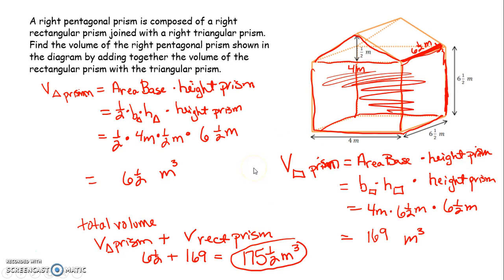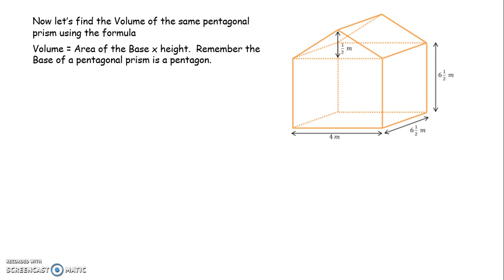All right. What about if we looked at the same problem, but we just stuck to area of the base times the height? If we want to do that, we can just look at it as a pentagonal prism. And so to find the area of our base, here's what the base is, what names the prism.